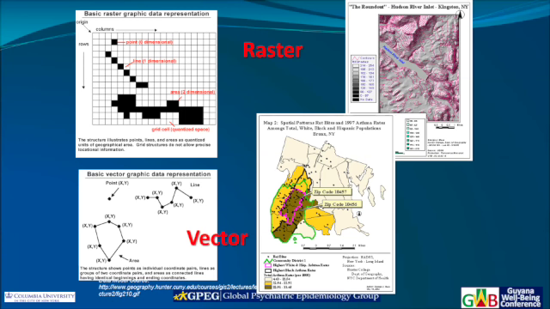The vector model, which is the more popular model, uses points, lines, and polygons to represent discrete geographic features. The points are locations; it could be a city on a large map, a case of a suicide attempt, or a case of a car accident or car collision.